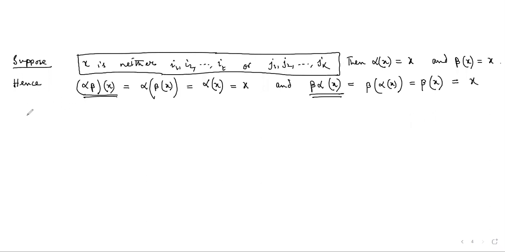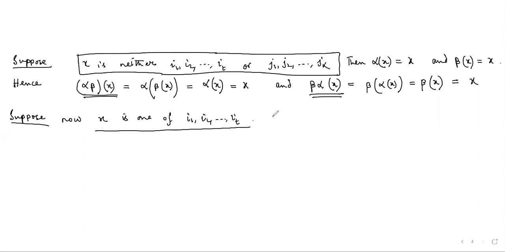What will happen if X is not like this? Suppose we are now taking the element X which is one of I1, I2, ..., IT. If it is one of I1, I2, ..., IT, then X will not belong to J1, J2, ..., JK. Why is it so?